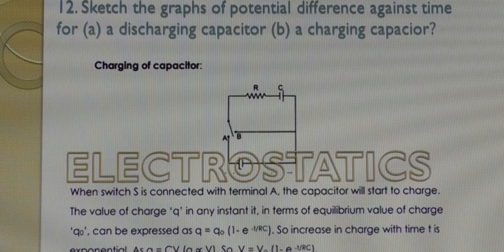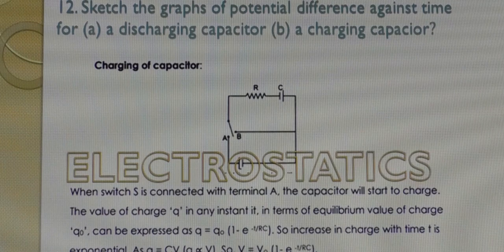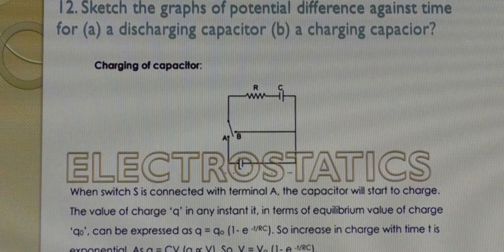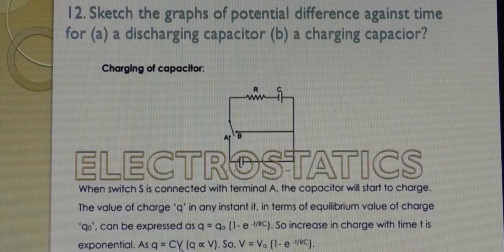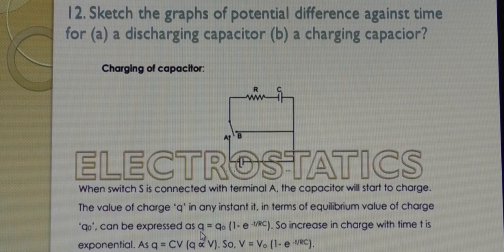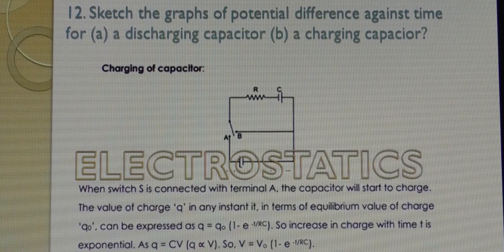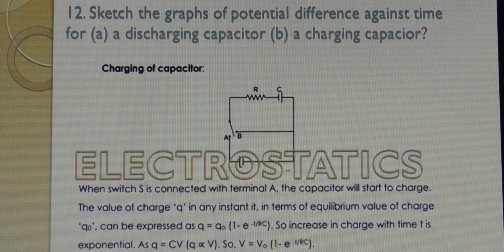When we rewrite the same relation for equilibrium, when Q naught is deposited at the plates of the capacitor, Q naught is equal to C into V naught. By using these two values of Q and Q naught in this equation, C cancels on both sides, and we get V is equal to V naught into 1 minus e to the power minus t over RC. When we draw a graph of voltage versus time, this curve comes for the charging of a capacitor.